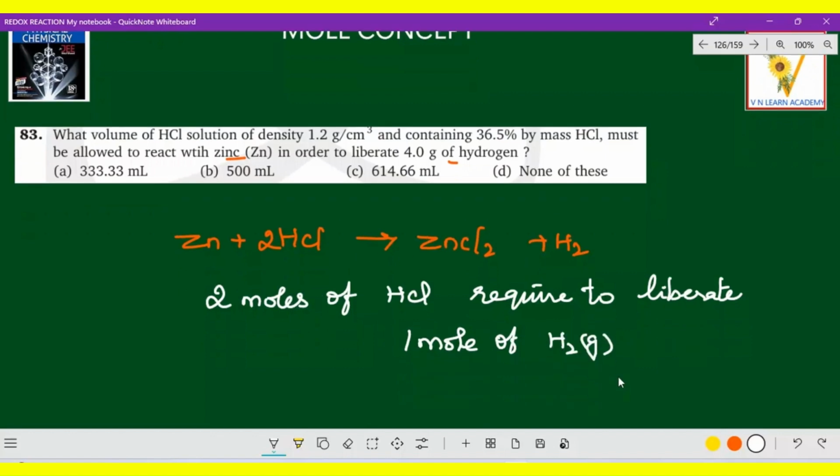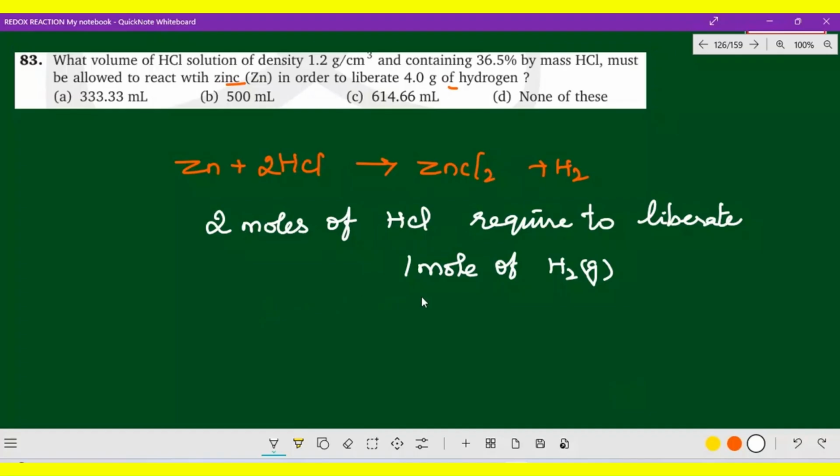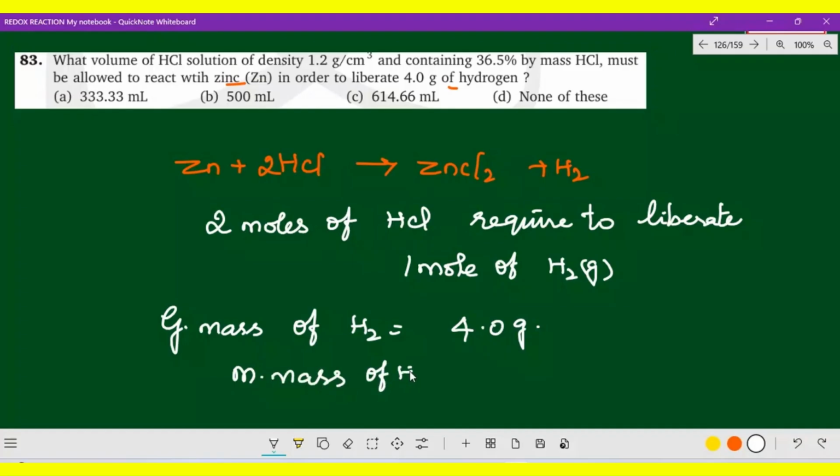Right. Now here the number of moles of HCl is 2, and moles of hydrogen gas is 1. Now the given mass of hydrogen, they have mentioned, is 4 gram. Molar mass of hydrogen, you know very well, is 2 gram per mole.